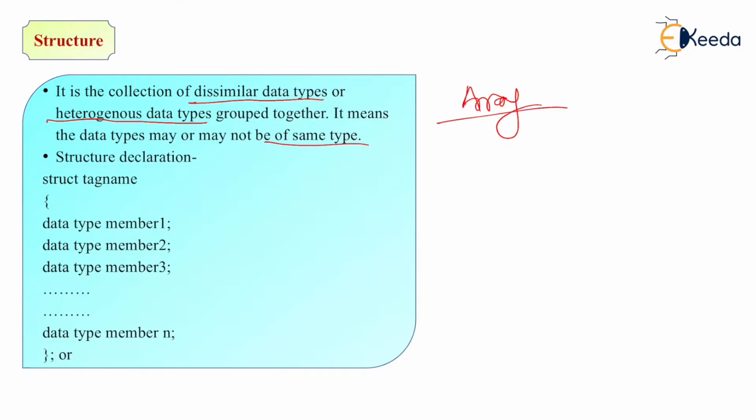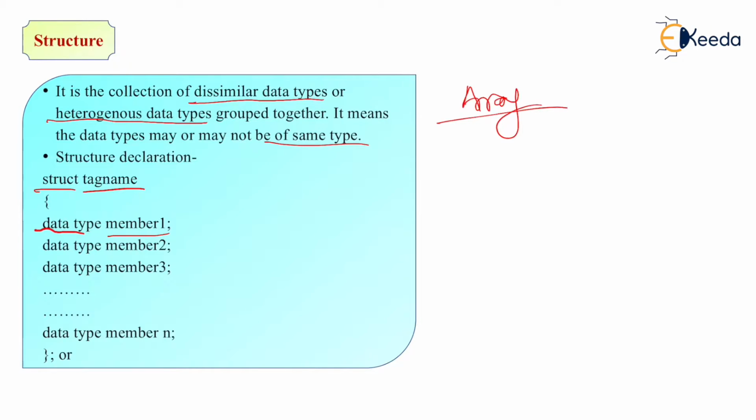Then how can we declare the structure? For that you have to use the keyword struct. Then whatever structure name you want to give, inside the curly bracket specify the data type member1, member2, member3, going on till however many members you want to define. Close your curly bracket with a semicolon.